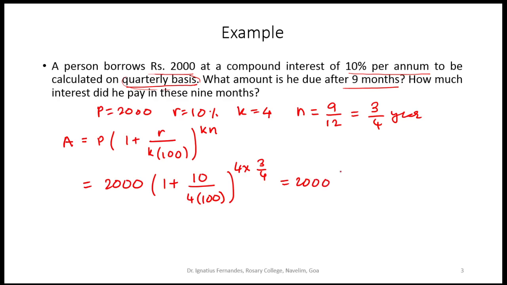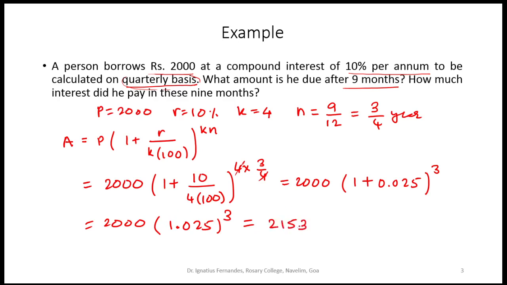So it is equal to 2000 into (1 plus 10 upon 4, which is 2.5 upon 100), so 0.025, raised to, here this 4 will cancel, I'll get 3. So I have 2000 into 1.025 raised to 3. I can use a calculator to find 1.025 raised to 3 and then multiply it by 2000. What I'll get is 2153.78. So the total amount due after 9 months is rupees 2153.78.